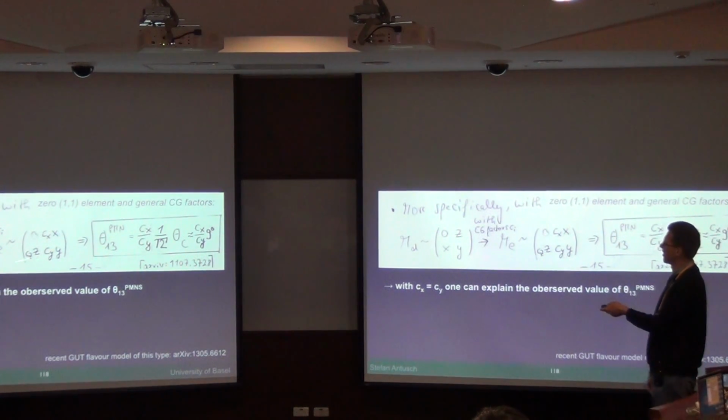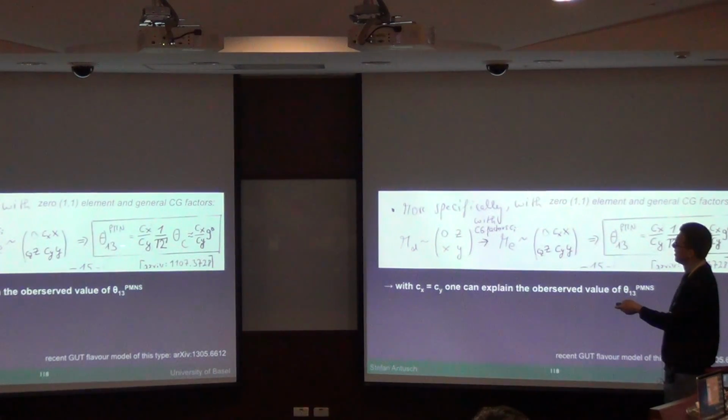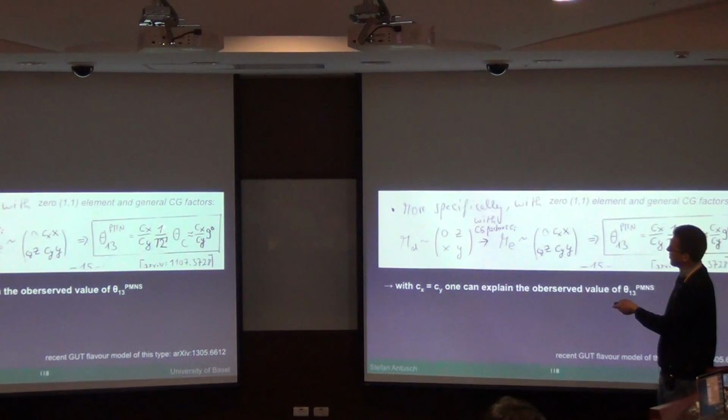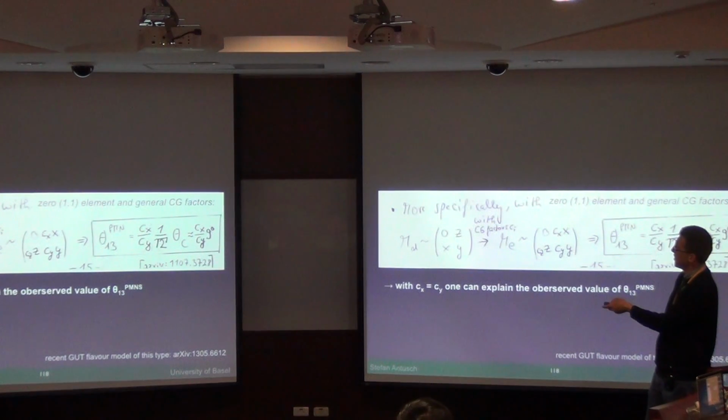And now if you calculate θ13, then this is kind of 1 over square root of 2 times the 1-2 mixing here. And this is just the ratio of these Clebsch factors, times 1 over square root of 2, when you also use the relation to the right masses, times the Cabibbo angle from the quark sector.